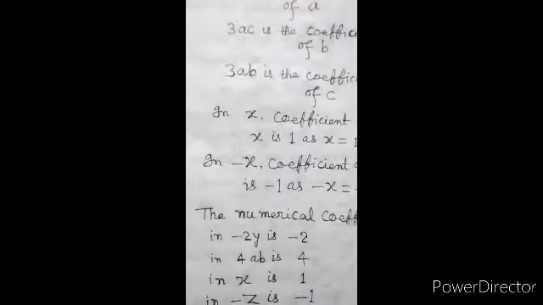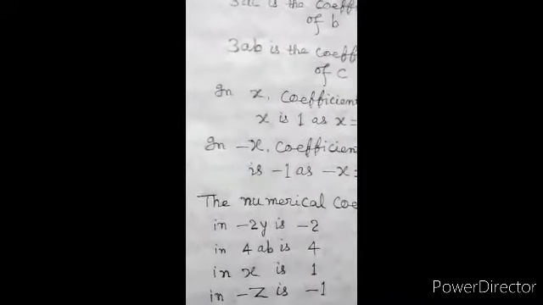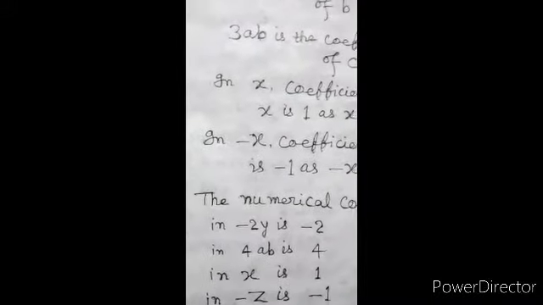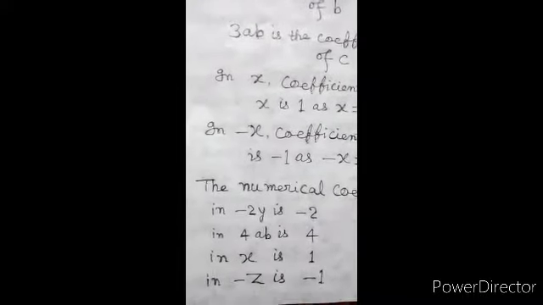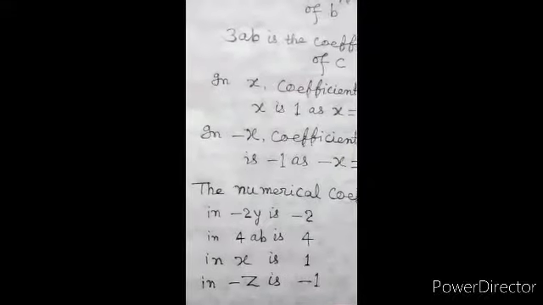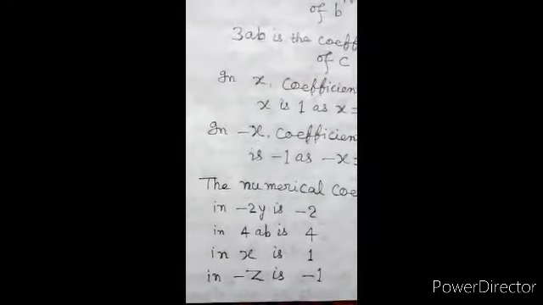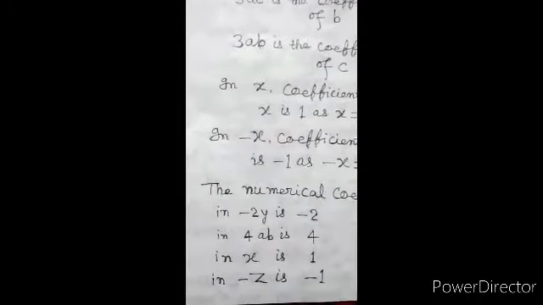The numerical coefficient in 4AB is 4. Numbers are called numerical coefficients. In X it is 1, as 1 is hidden. In minus Z, its coefficient is minus 1, as 1 remains hidden.